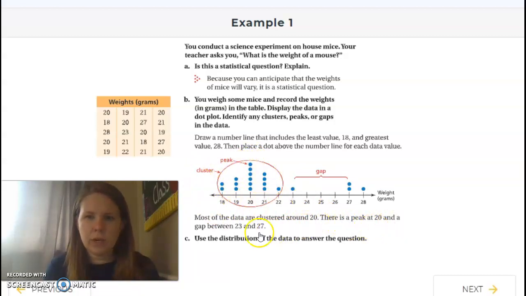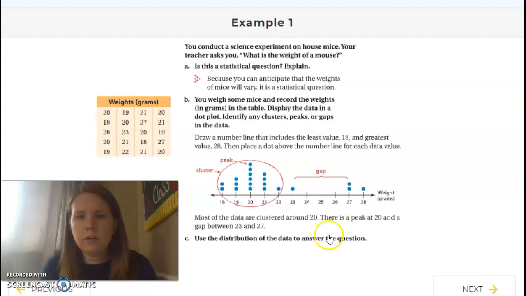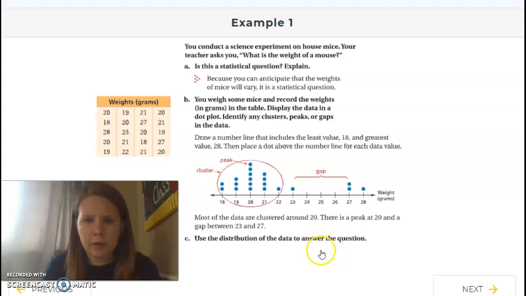The peak is at 20, and the gap is between 23 and 27. They like to go from the smallest data point to the biggest when you talk about those gaps, okay? What are those distances in between there? They use the distribution of the data to answer the question. I'm not sure what they mean. Oh, so then they want you just kind of to use this and to describe kind of what's going on.